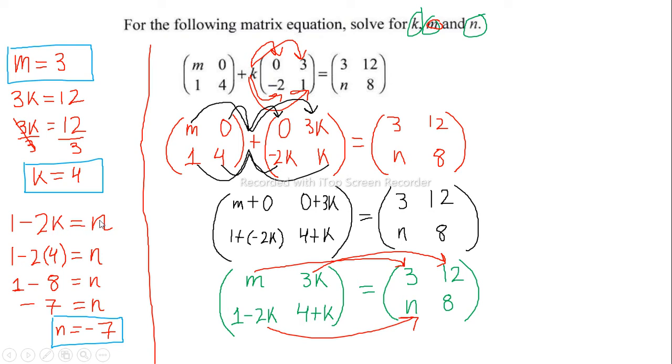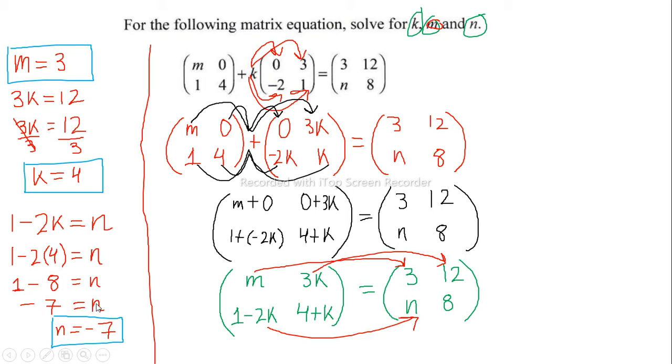We saw previously that k is equal to 4, and so we substitute that in. 1 minus 2 times 4, and 2 times 4 is 8. We bring down the n. 1 minus 8: if you have $1 and you owe $8, pay them the dollar, you still owe them $7.